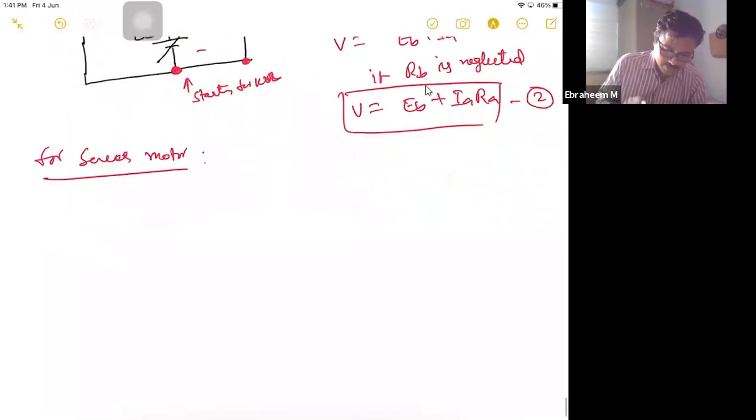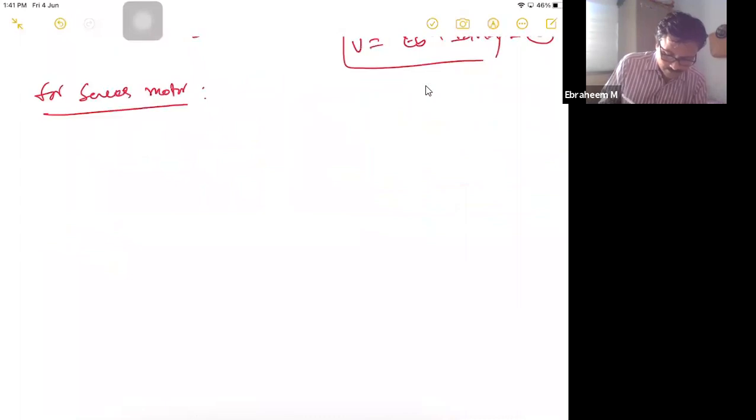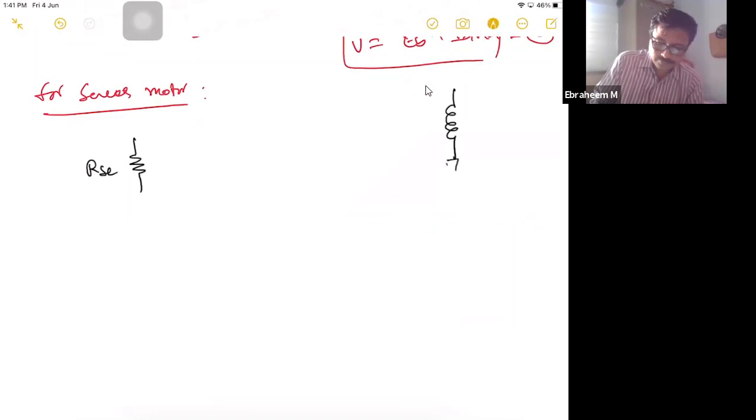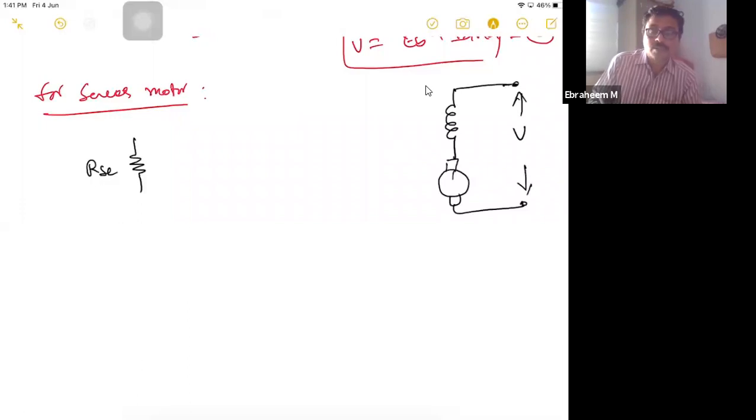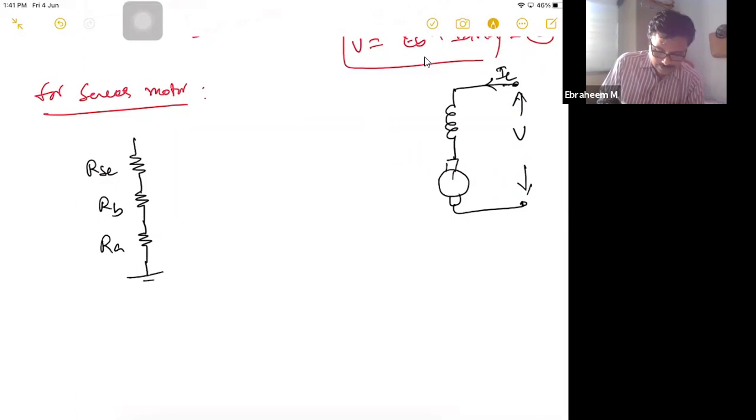I will draw the simplified circuit. The simplified circuit is like this. You have a series motor like this. So RSE, brush resistance, armature winding resistance, and its induced EMF.